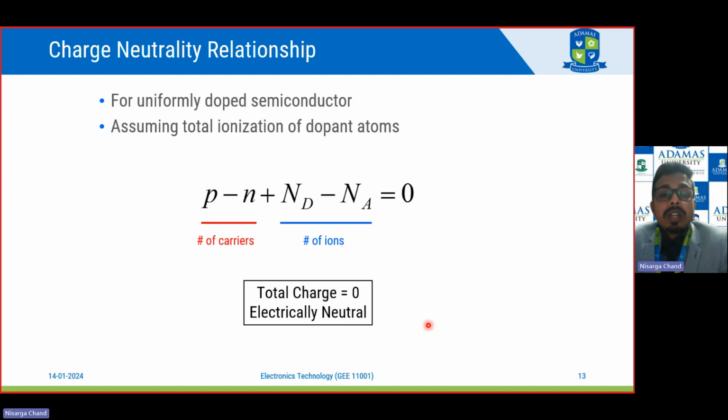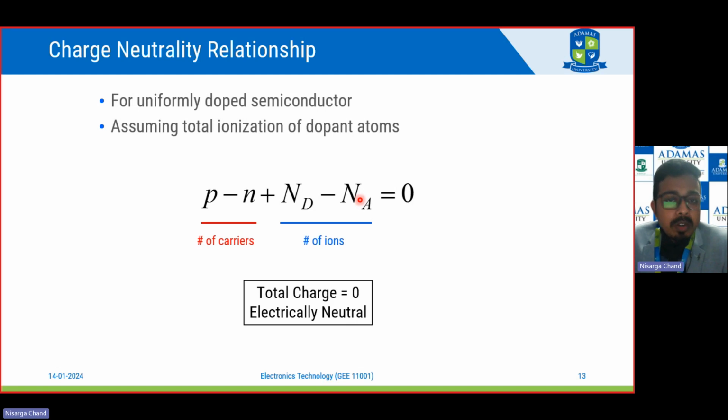Charge neutrality relationship: if you consider the donor concentration level and acceptor concentration level, then at the electrical neutrality stage, the law of electrical neutrality says that p minus n, the number of positive and negative charge carriers, plus Nd minus Na, the number of ions, equals 0.